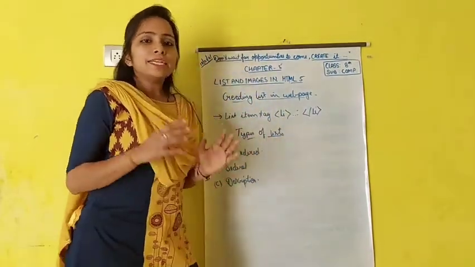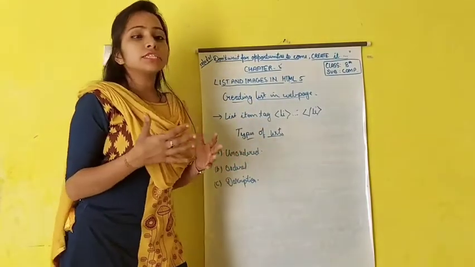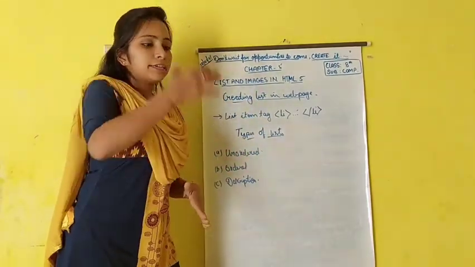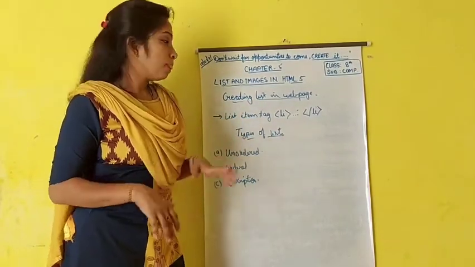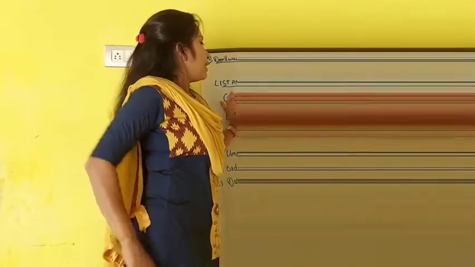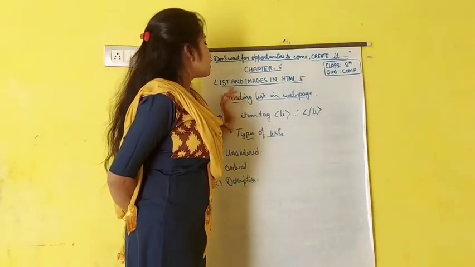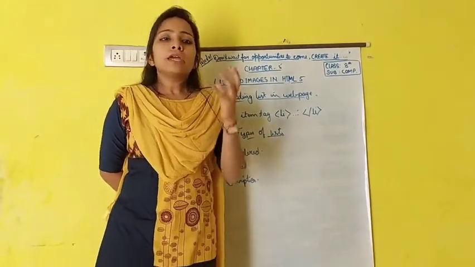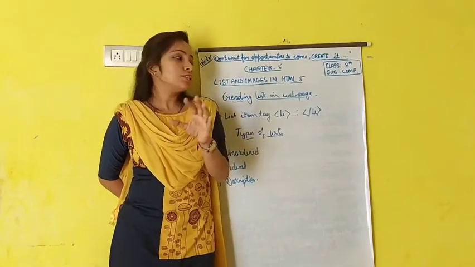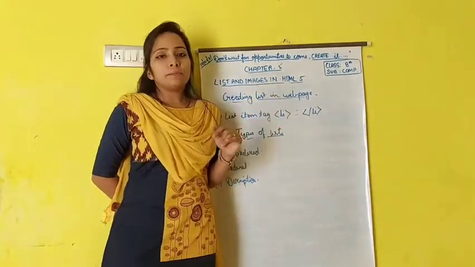And that list should be in an eye-catching manner, so that whenever we look at it, the things which we forget can be realized soon. So for this we create lists in the web page. Creating a list in the web page gives the user an eye-catching sensation for the list, and that's why we create lists in a web page.